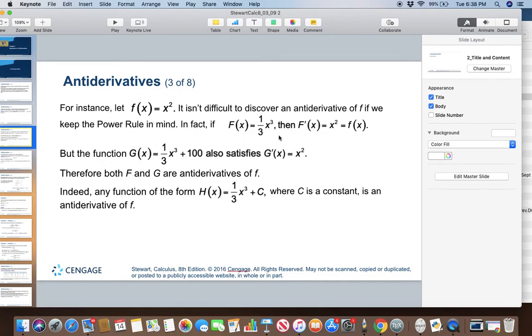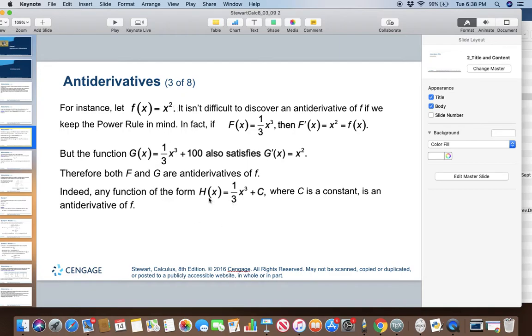Now notice if I add 100, that will also give me the same derivative because that's a constant. So both capital F and capital G are antiderivatives of f. Indeed, any function of the form h(x) equals 1/3 x to the power 3 plus a constant is an antiderivative of x squared.